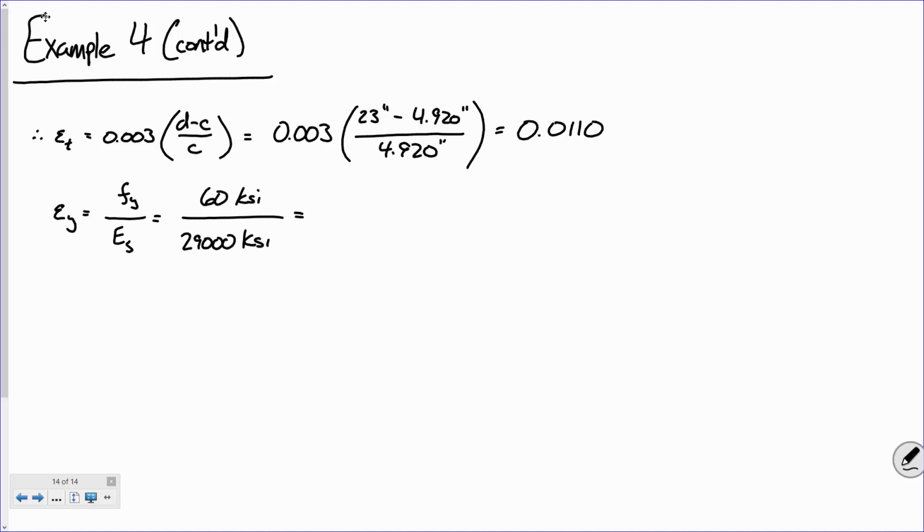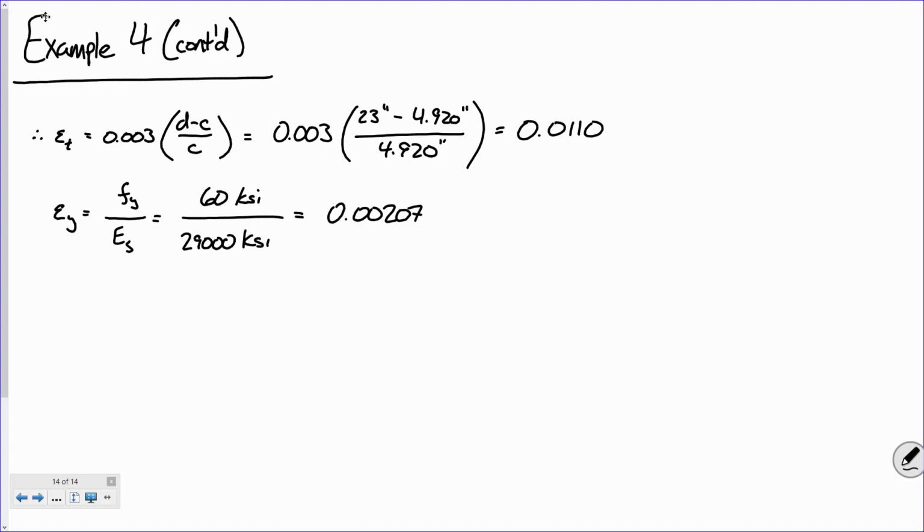So if I plug and chug, I get about 0.00207. So keep in mind, when we did our problem, we assumed that the steel would reach its yield stress. Was that a valid assumption?